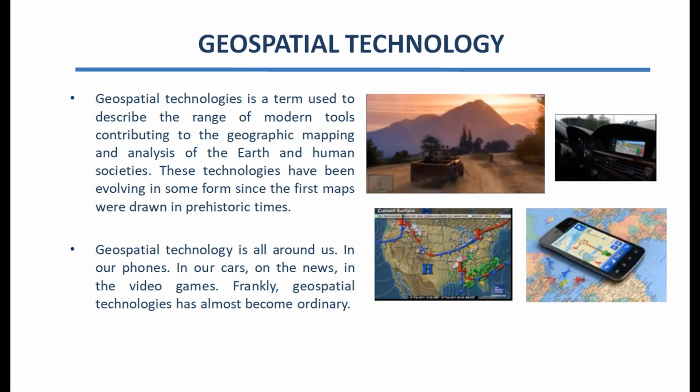Spatial. So right now I've used one term, spatial. Now this is the keyword associated with geospatial technology. Spatial means location specific. When you are linking every object with its location, and location in terms of geospatial technology means the latitude and the longitude.